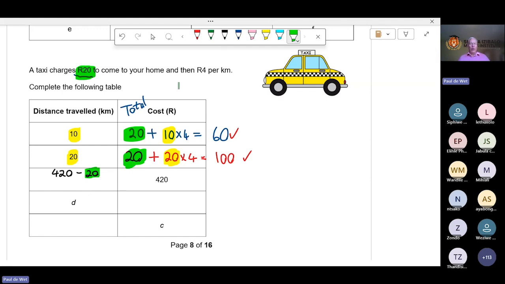So on the top of this fraction now, I've got 400. Is everyone okay with that? But now that 400 is the total that I spent on driving, and each kilometer costs 4 Rand, so I must divide by 4. And you're absolutely right. This comes to 100 kilometers. Okay. Are we okay? All right.